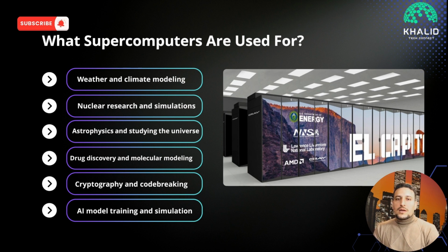Of course, they are also used for finding and studying different diseases that we are having in different hospitals. Researchers are using those supercomputers to study the different diseases and also find solutions for our diseases nowadays. Then they are also used for cryptography and code breaking, AI model training, and simulation. So these are some areas that we are using the supercomputers for.